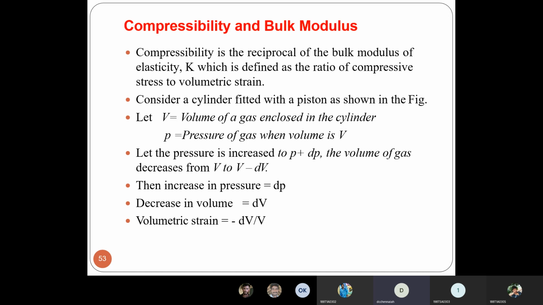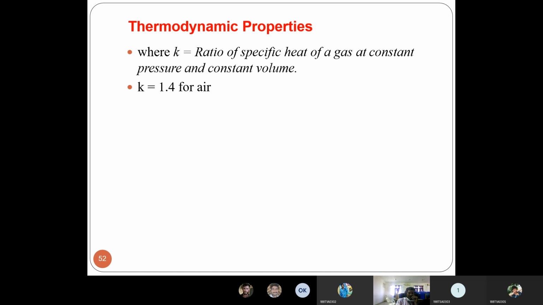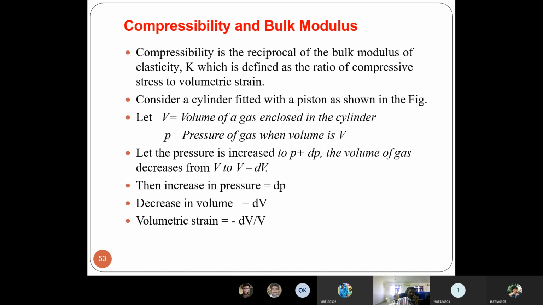In strength of materials also, we had seen this. Yes or no? Got it. What is the thing we studied in strength of materials?